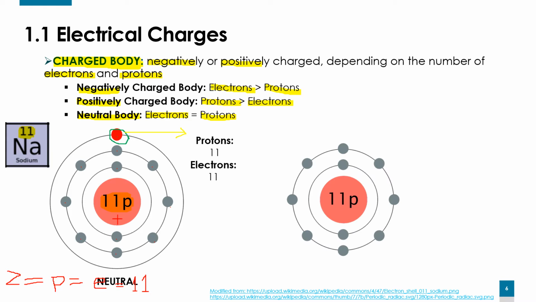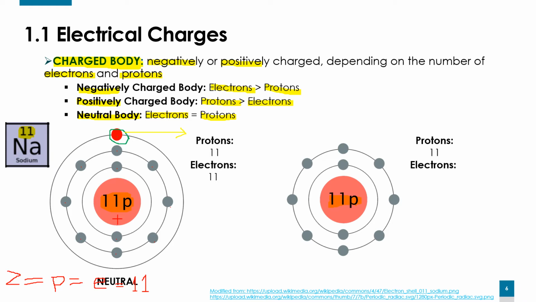Now, if I lose this electron, what's going to happen? I lose my last shell because I lost my valence electron. Now, how many protons do I have here? Did I change anything in the nucleus? No, I didn't change anything. So how many protons do I have? 11. How many electrons do I have now?